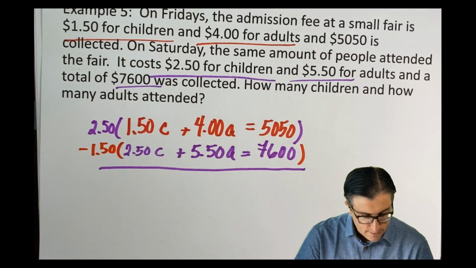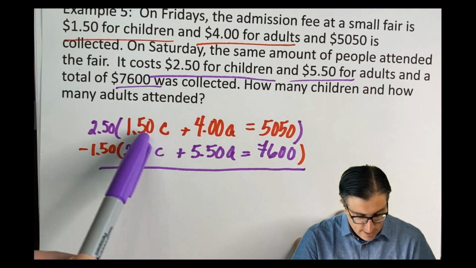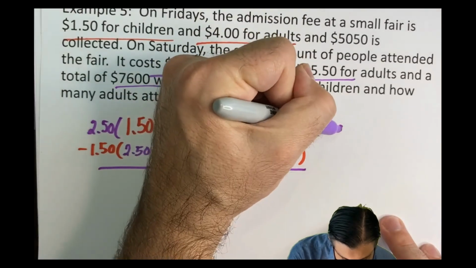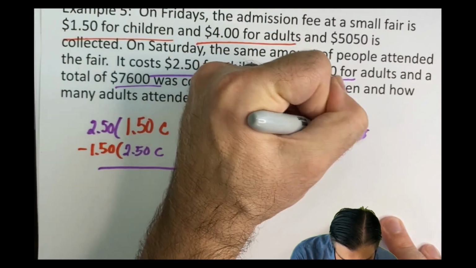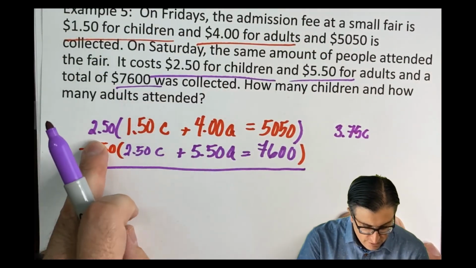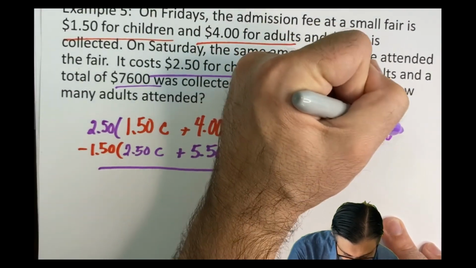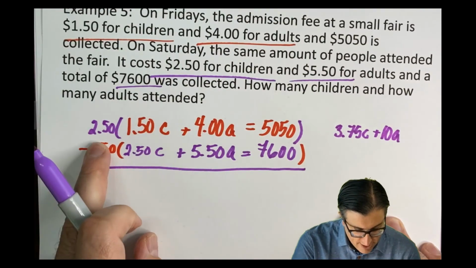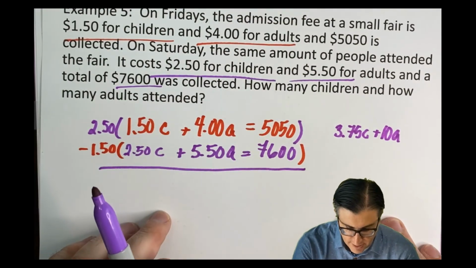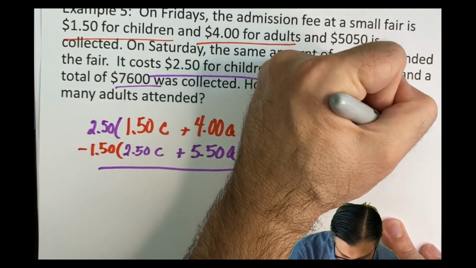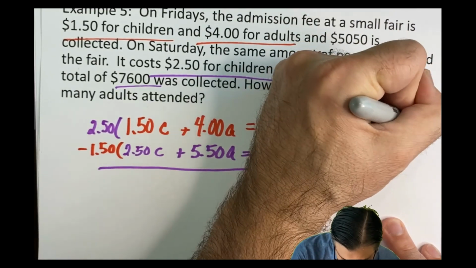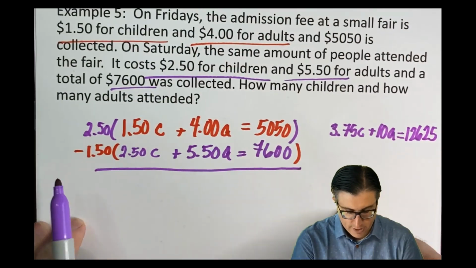Now let's multiply this out. $2.50 times $1.50 is 3.75C. $2.50 times $4, again I'm multiplying, is 10A. And then 2.50 times 5,050 is 12,625. Big equation.